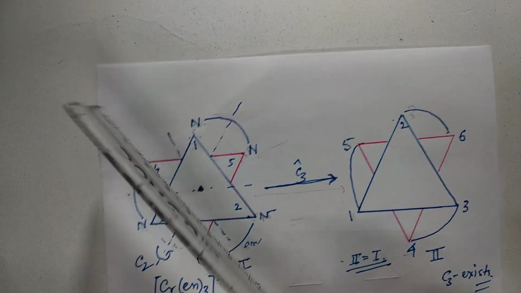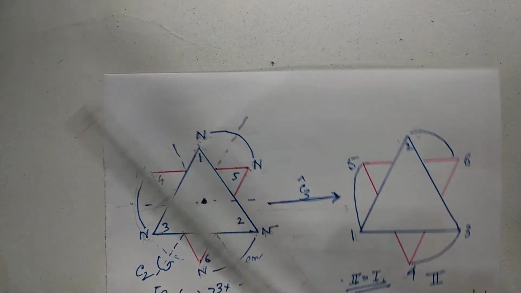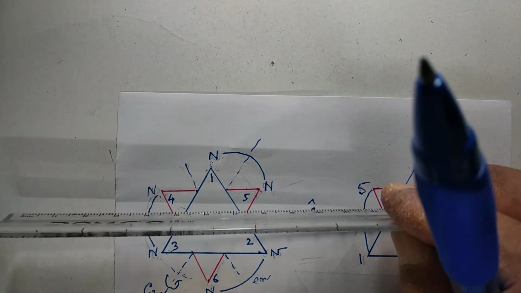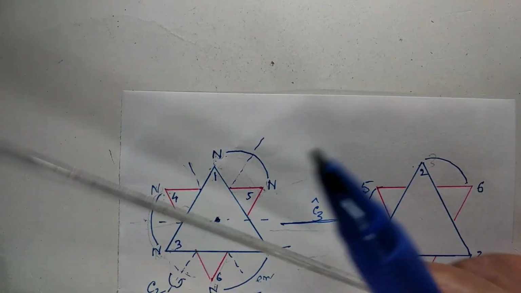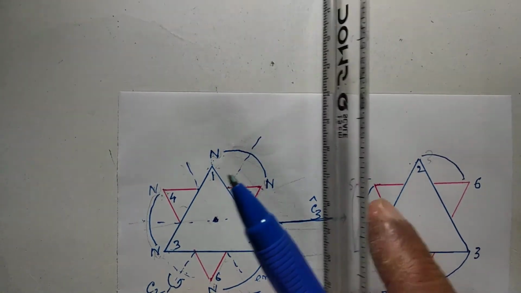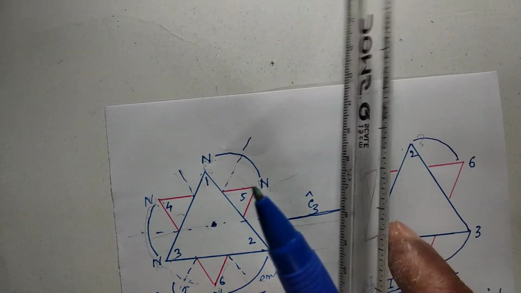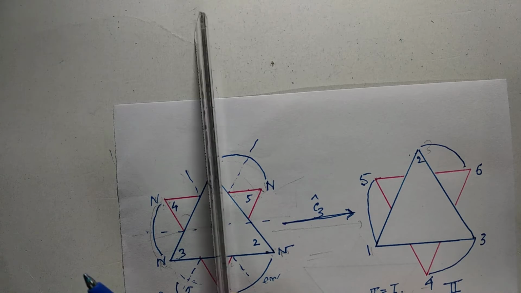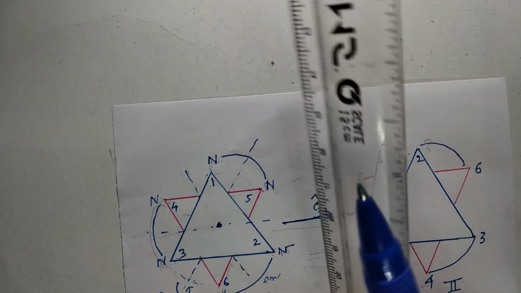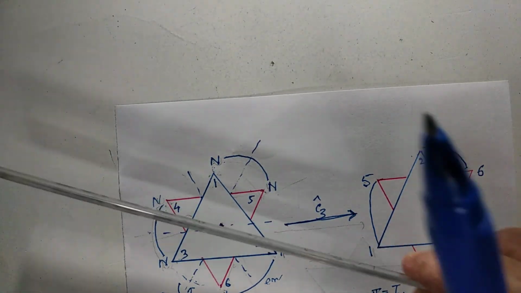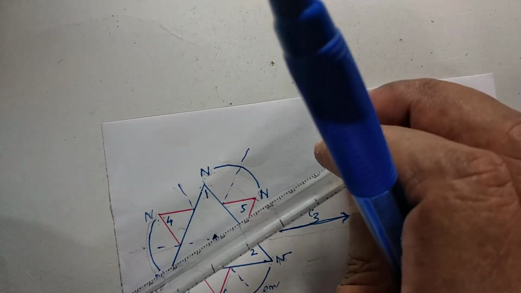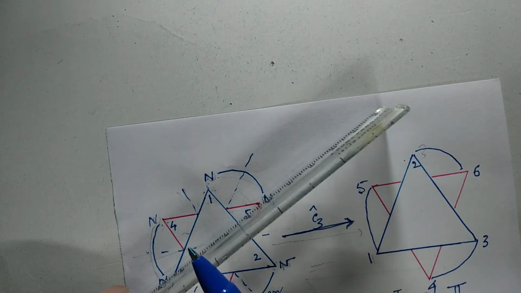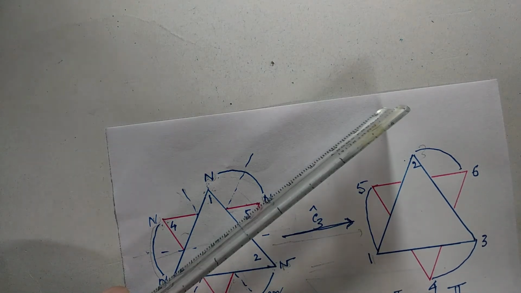So the dihedral planes, this may be another dihedral plane between two C2 axes. Between two C2 axes, this is one. Similarly, between these two, this is two, another. But none of them can act as a true symmetry plane.